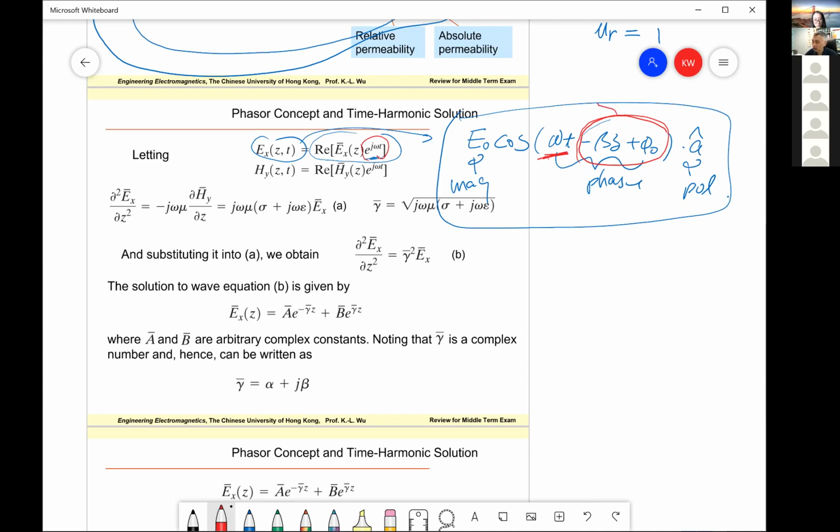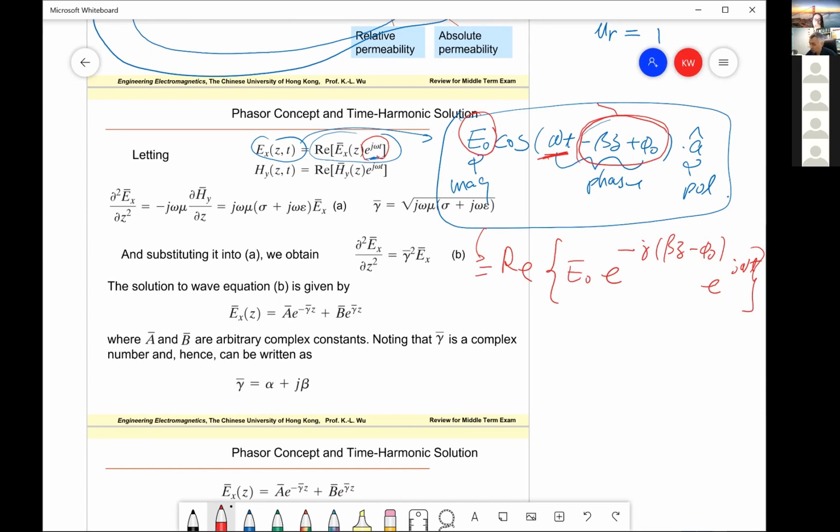And all this part together with this, we can write like E0, minus j, okay, then this times e^{jωt}, we take the real part. This equals this. You agree?